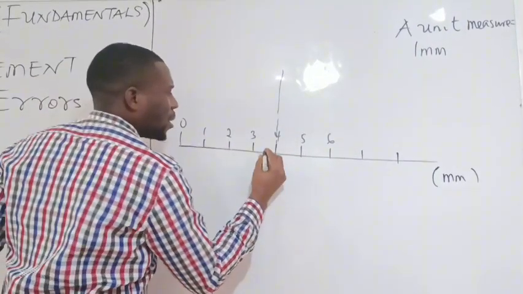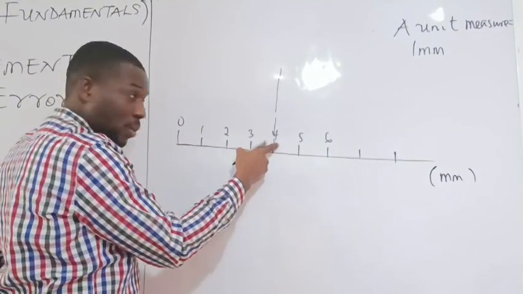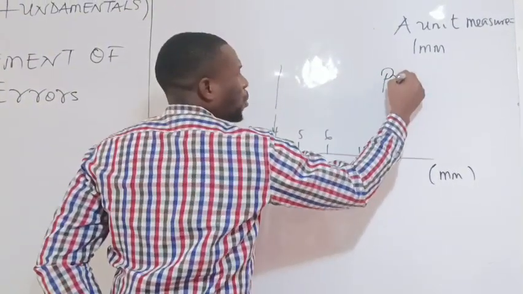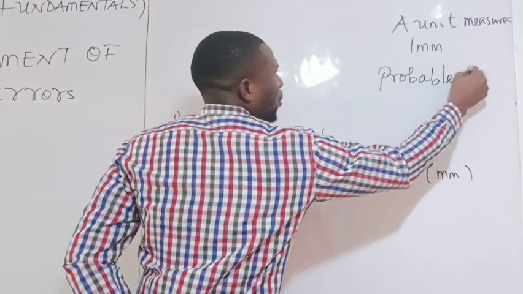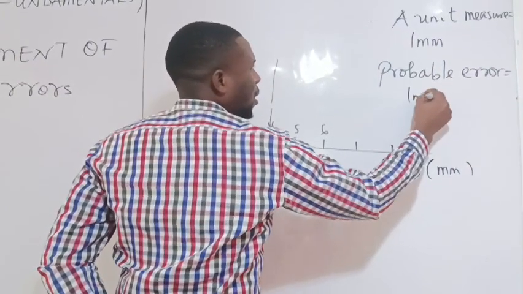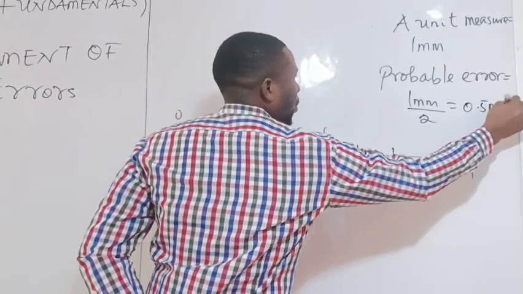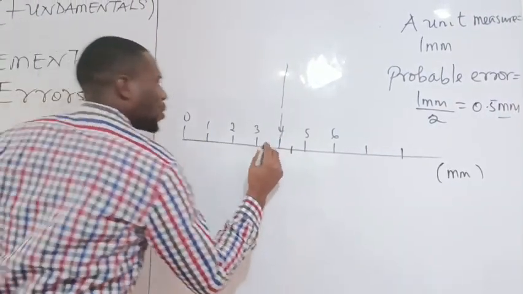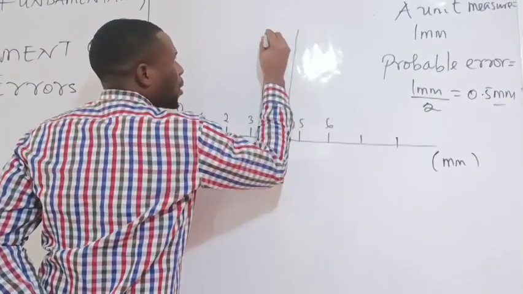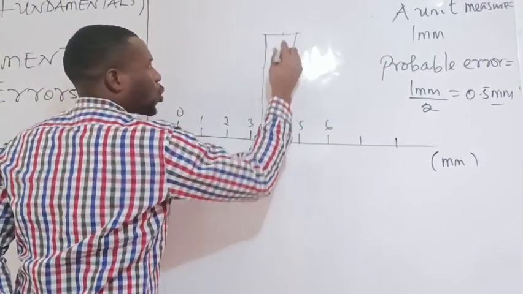So half of the unit measure before the actual value is this, and this is half of the unit measure. Half of that unit measure, we call the probable error. That is a unit measure divided by 2. A unit measure is 1 millimeter, and I divide that by 2, and I get 0.5 millimeter. So this is how far I could go in order to measure the actual value.